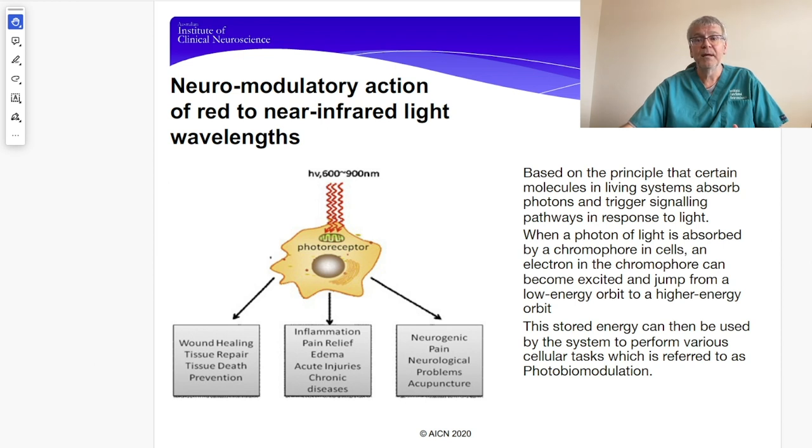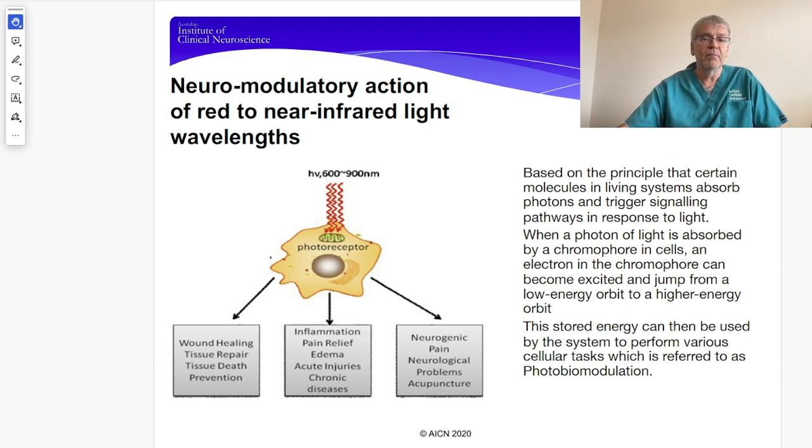So basically, neuromodulatory effects of red and near-red infrared wavelengths, and we'll talk about those in a second, have a variety of actions that can be beneficial.